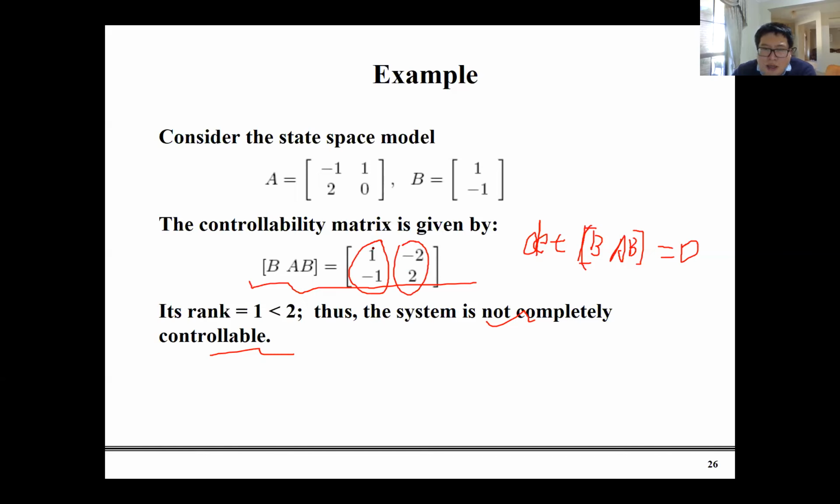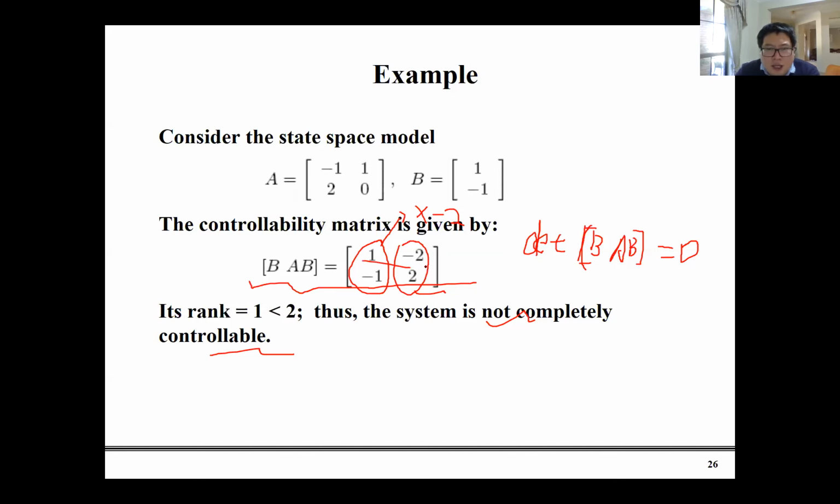If we multiply the first column by -2, then we can get the second column, which means the 2 columns are not linearly independent, which means it is not full rank.